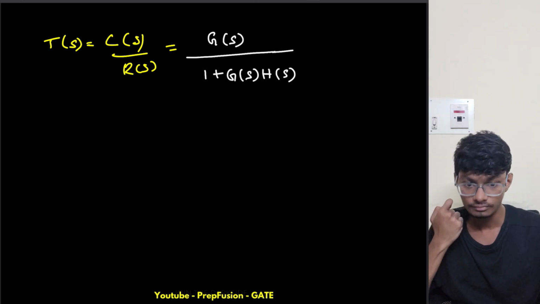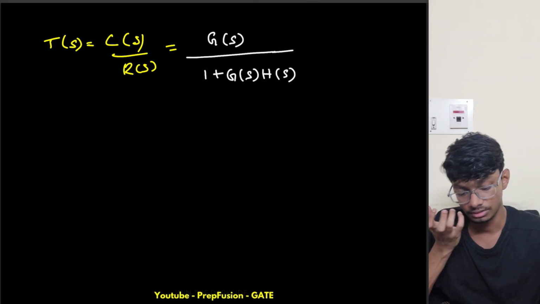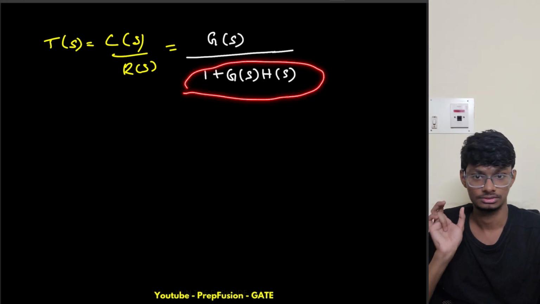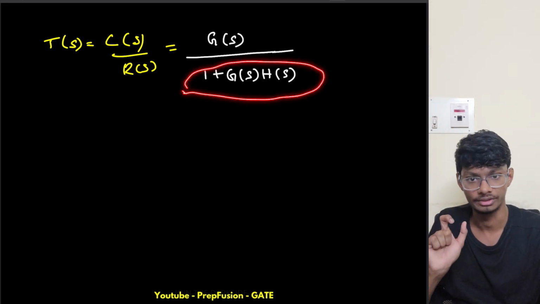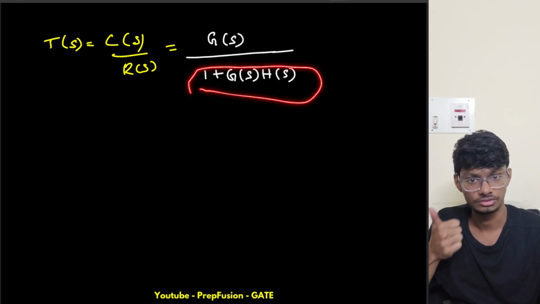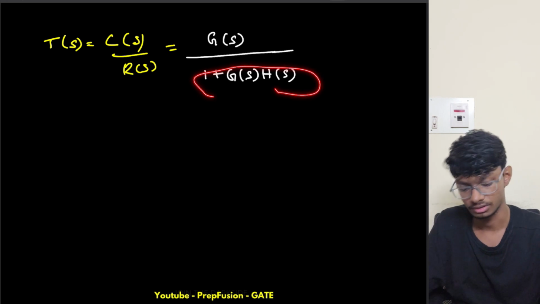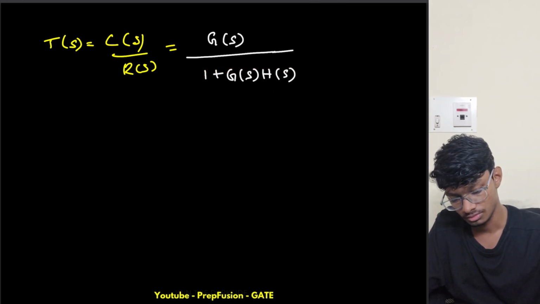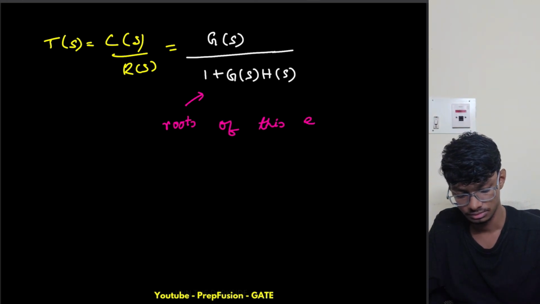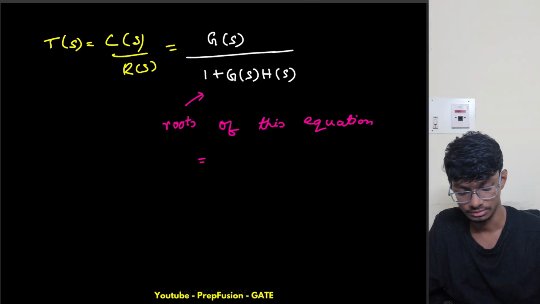So now what will be my poles? Poles will be the roots of this denominator, right? So how do I find roots? I equate this to 0, then I find the roots of this equation. Roots of this equation give me the poles, right?